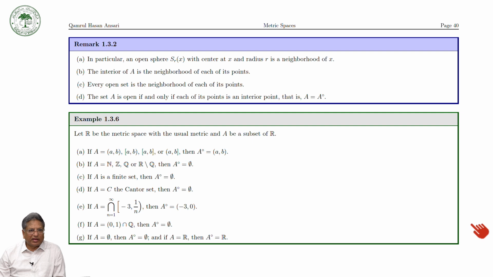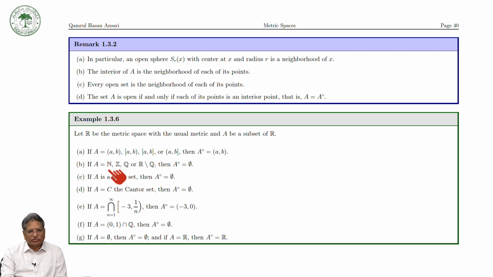Again, as I am mentioning all the time, we are considering first the usual metric space, that is the real line with the usual metric, and A is a subset of R. So if A is equal to the open interval (a,b), or a semi-closed interval or closed interval, then the interior of A is the open interval (a,b).